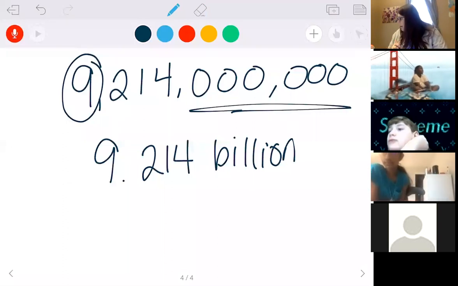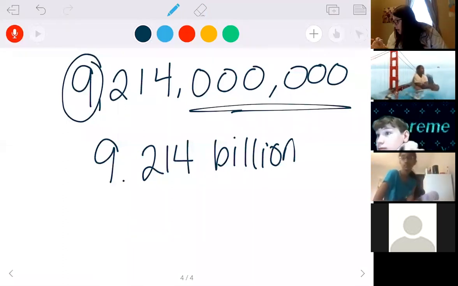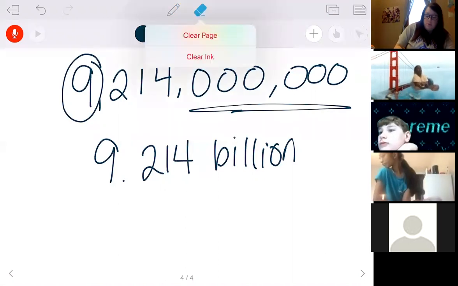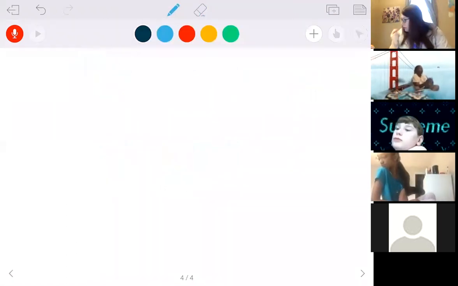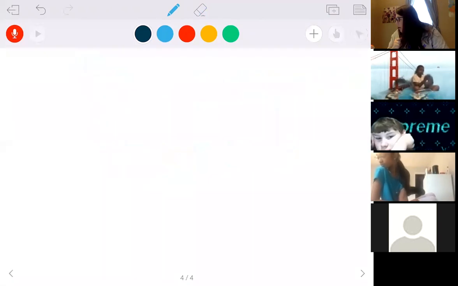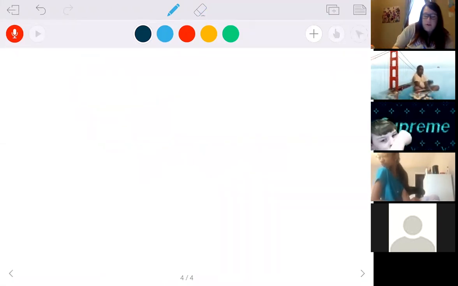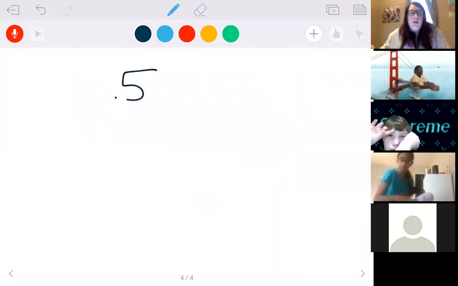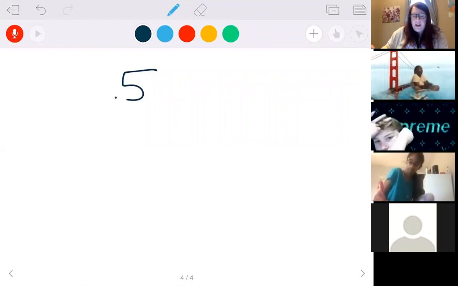Okay, so let's look at the bottom part of page 271. So if we want to turn a decimal into a fraction, look at this one. This is one you're going to get. If they give you this one, we know you say it is 5/10, right?